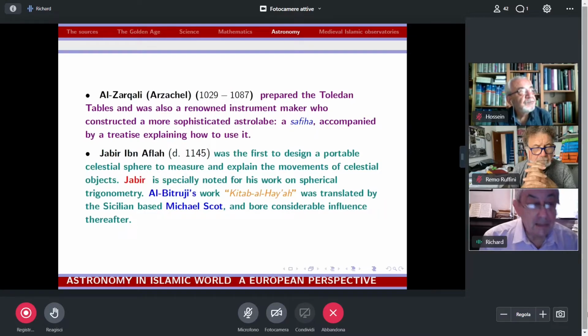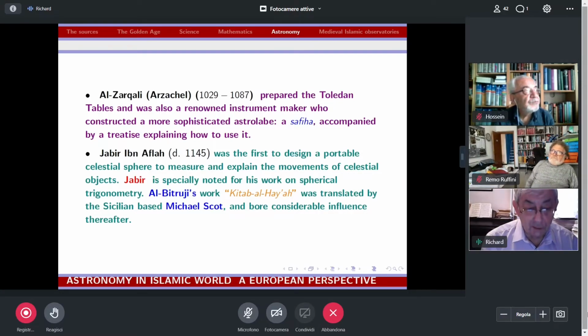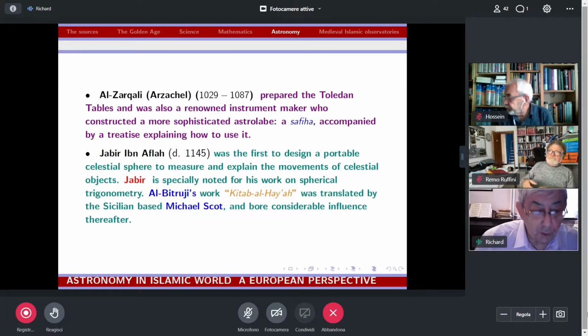Now, Arzakali, or Arzachel, prepared the Toledan tables and was also a renowned instrument maker who constructed a more sophisticated astrolabe, Sapiha, with a treatise on how to use it. And then Jabir ibn Afla was the first to design a portable celestial sphere to measure and explain the movements. He is especially noted for his work on spherical trigonometry.